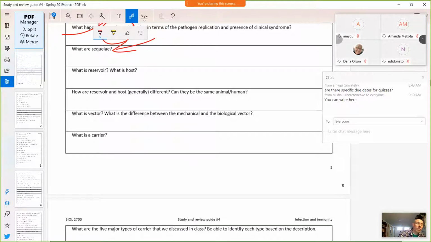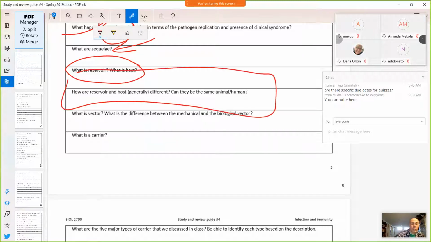Reservoir versus host. So I want to delineate these questions very clearly. So reservoir is something that is absolutely necessary to maintain the infection. Host is the organism that is commonly infected and gets the disease.